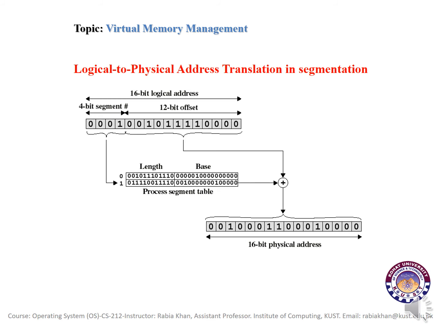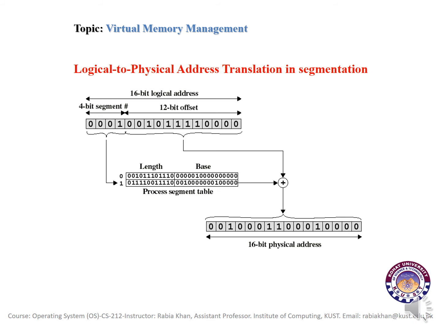A 16-bit logical address is translated into a 16-bit physical address. The starting 4 bits of the logical address show the segment, while the remaining 12 bits show the offset. The segment is indexed with the segment table to get the starting address of the segment and its size.